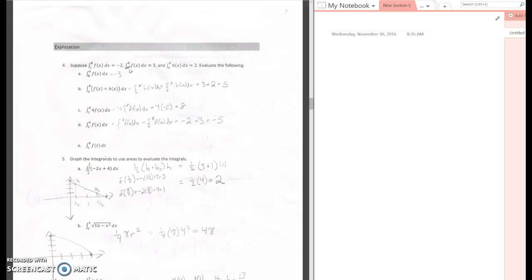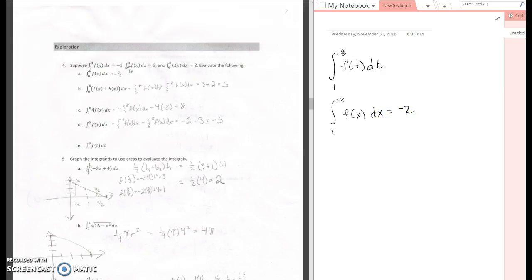So it asks you to find the integral from 1 to 8 of f of t dt. And you're given the integral from 1 to 8 of f of x dx, that's equal to -2.